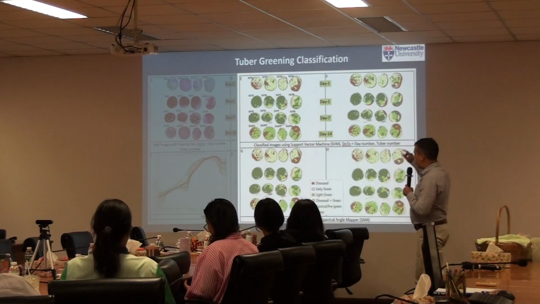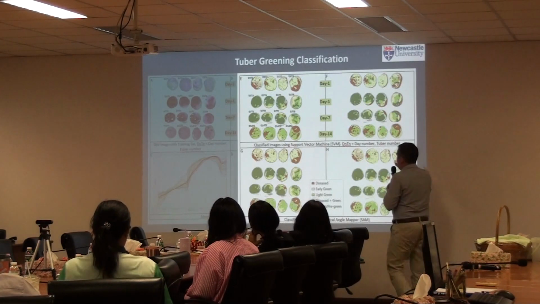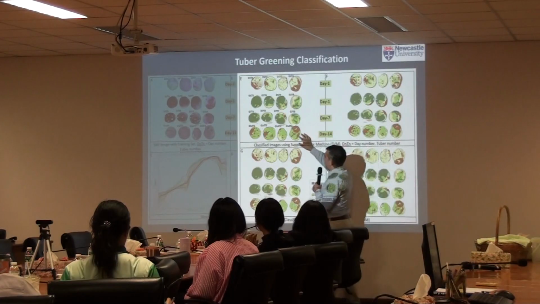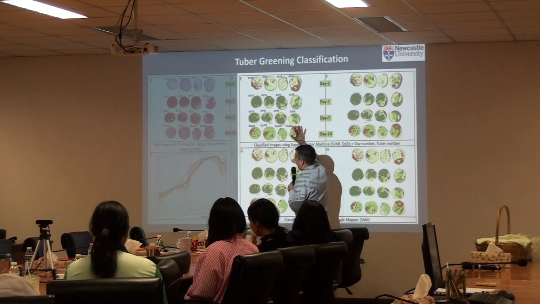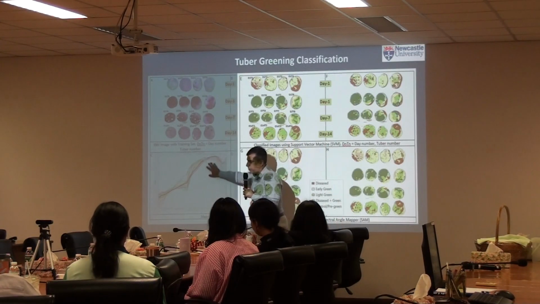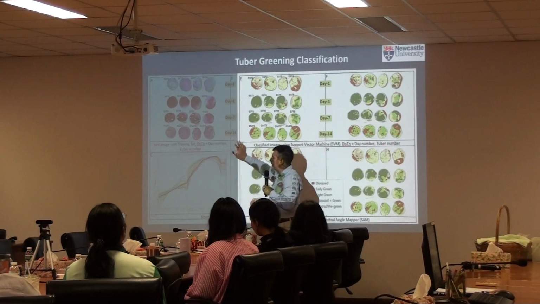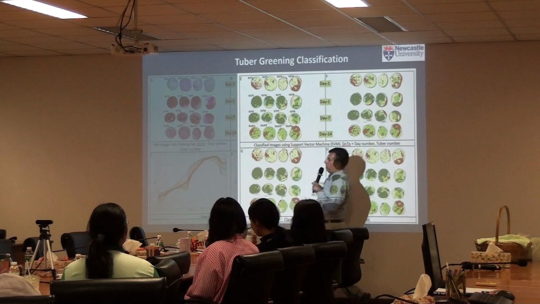So both of those machine learning based approaches easily distinguished the areas which were light green, which were diseased, which were slightly more green, and which were fully green. So we created those classified images based on all the supervised classification which we've done using the temporal data and also the spot. So it distinguishes those things.